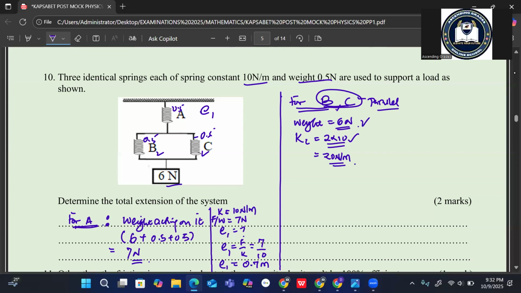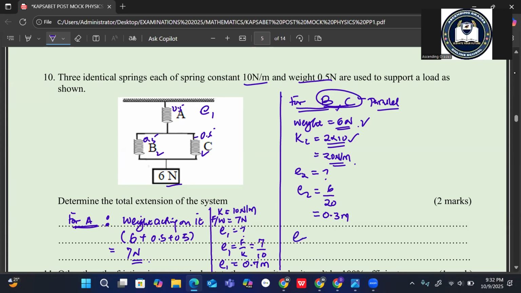We have a weight of 6 newtons. So what will be our extension E2? Our E2 will be given by 6 divided by 20, and this arrives at 0.3 meters.